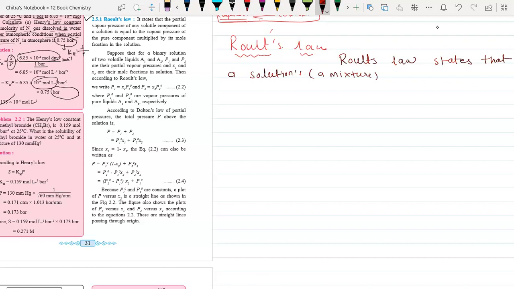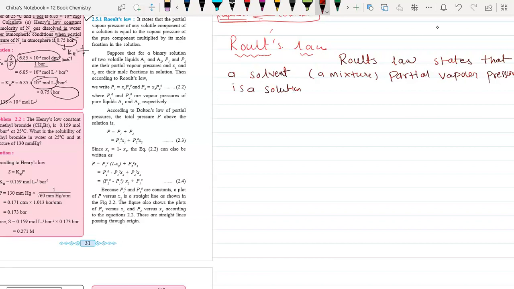Raoult's law states that a solution's partial vapor pressure in a solution, here, not solution but a solvent. No, it is solvent, so let me write solvent here. We are discussing first the solvent, or a mixture.